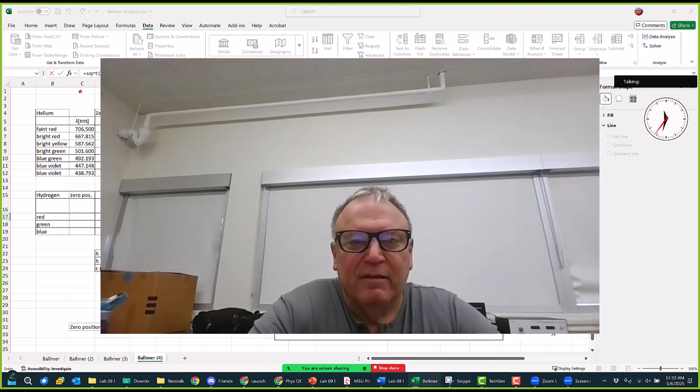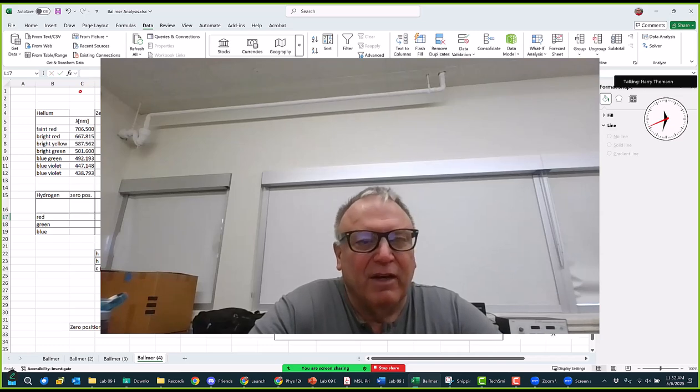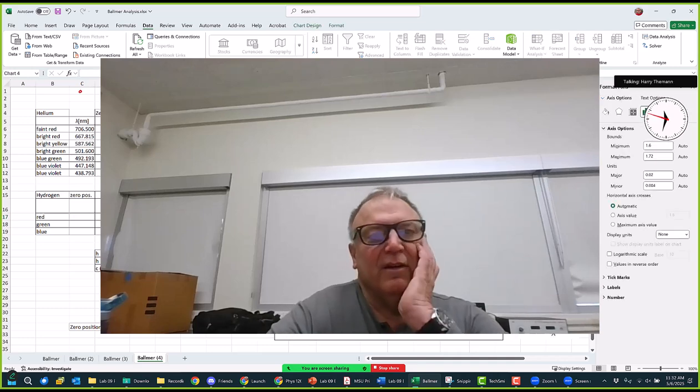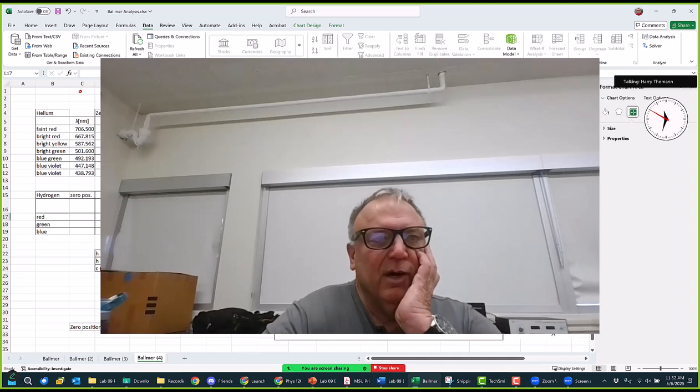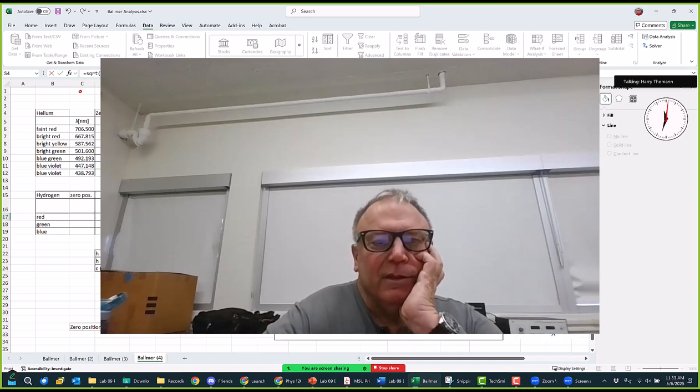It's trying to be helpful. I got to get the graph out of the way here. There it is. Okay. Equals SQRT, open, n minus this slope, which has got to have dollar signs, and F4, did it work? Yep.